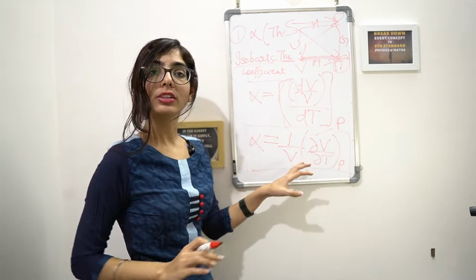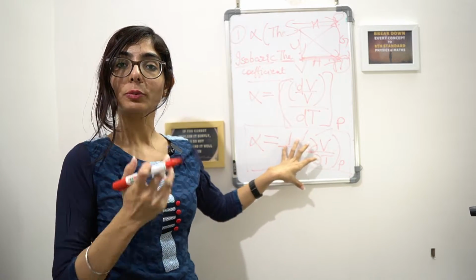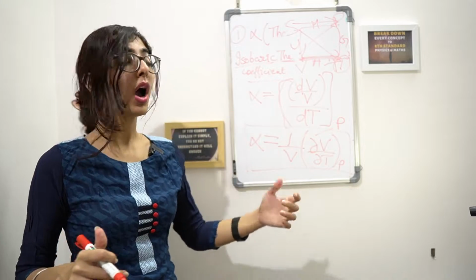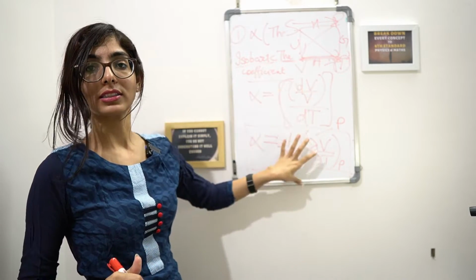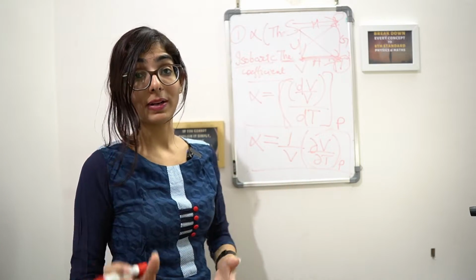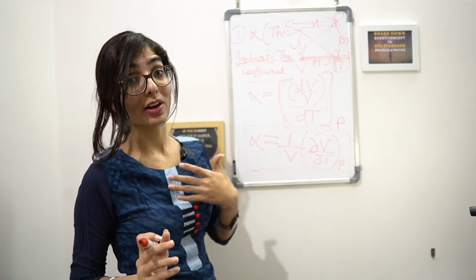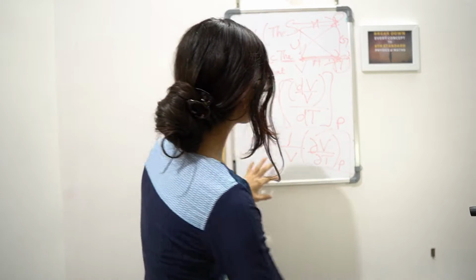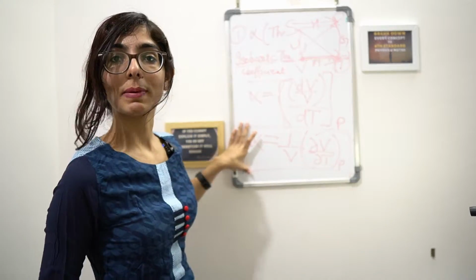If you are unable to connect right now, you can go back to the last lecture, the last video, where I gave a detailed explanation of this, and you will find it very easy. So this is the expression for thermal expansivity.